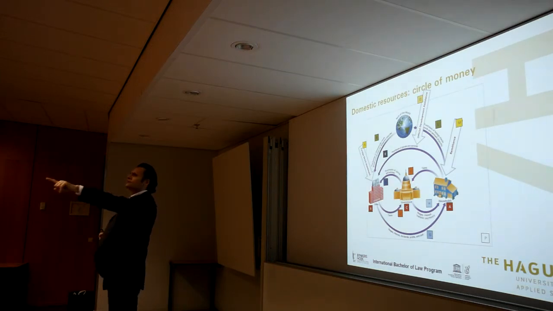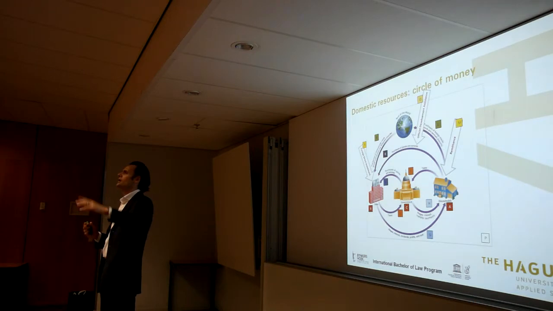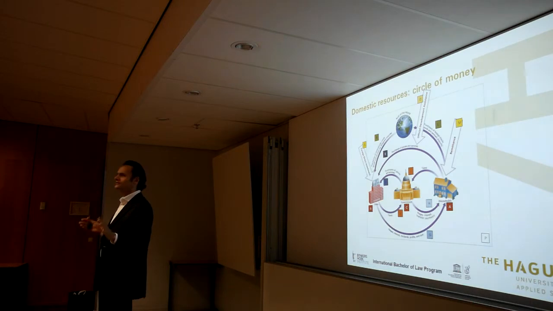If these states are in ruins, who can we sell our products to? Marshall, after the Second World War, was not a sort of philanthropist. He was not necessarily concerned with Europe.